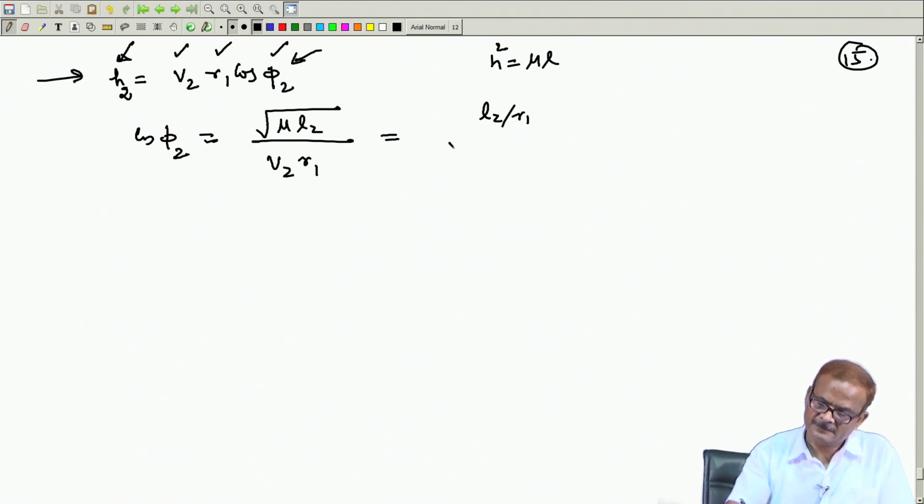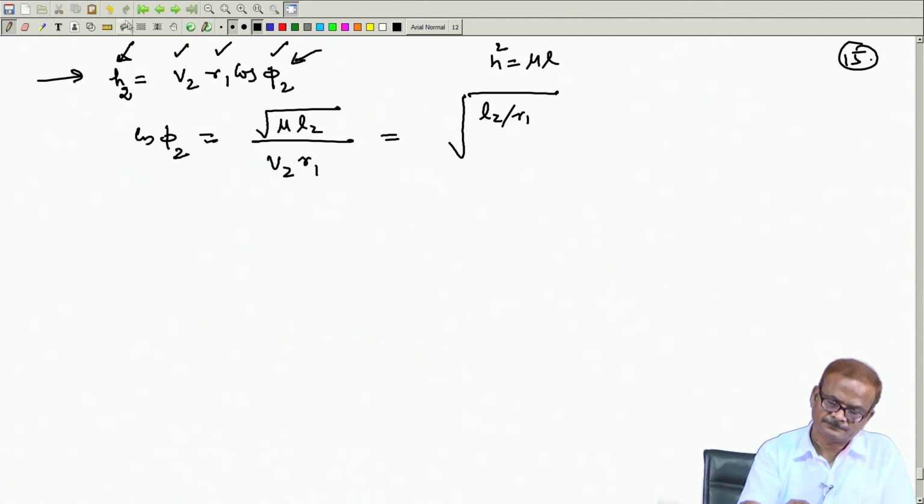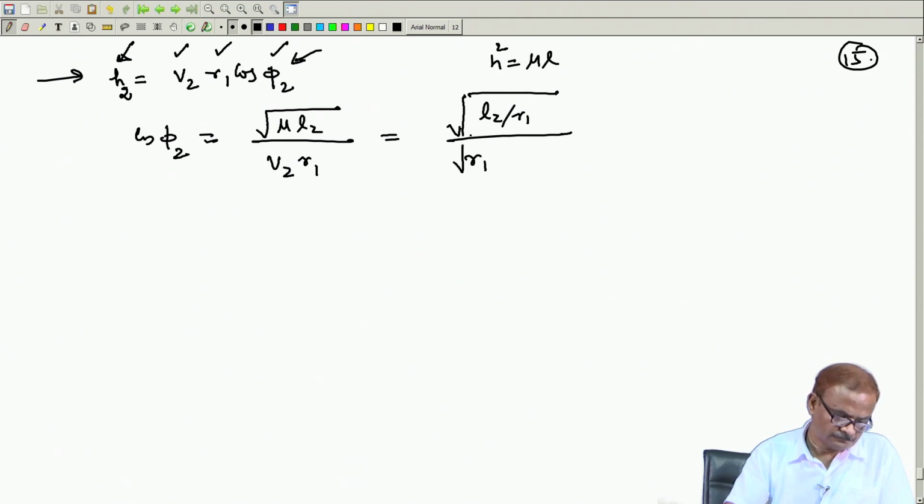L 2 by R 1 under root. So, we will write it like this and insert the values.